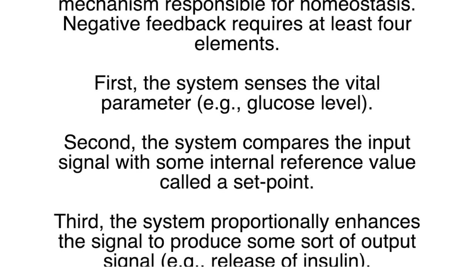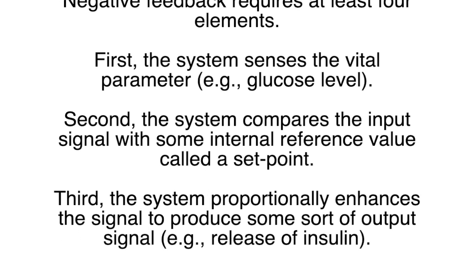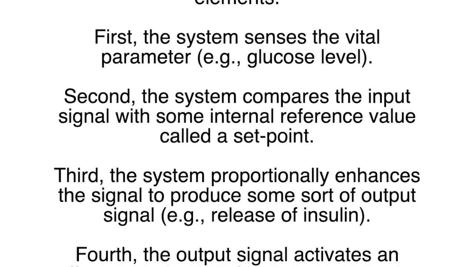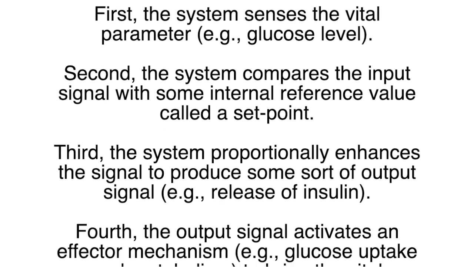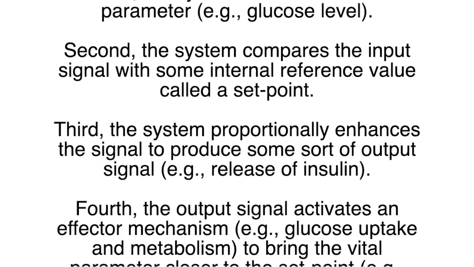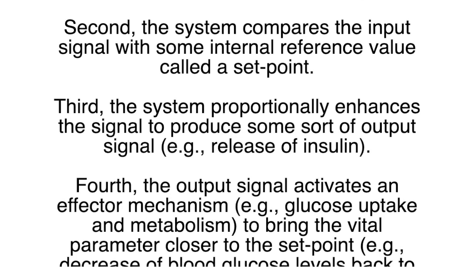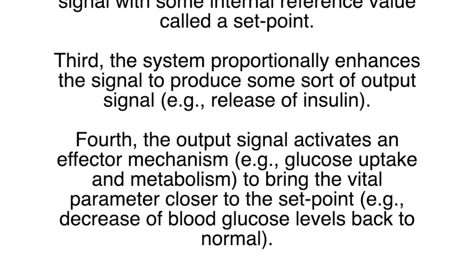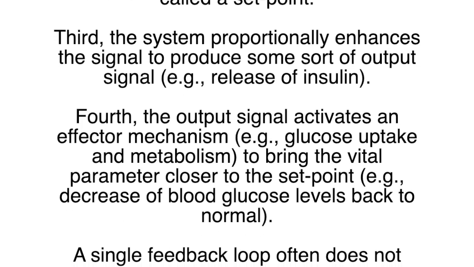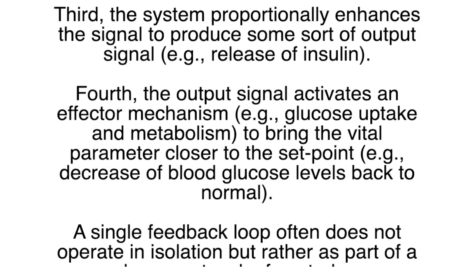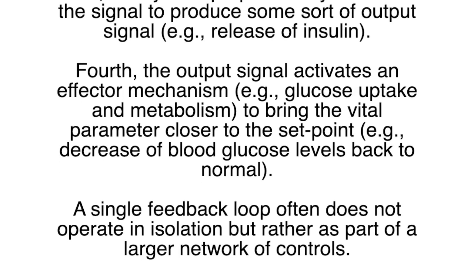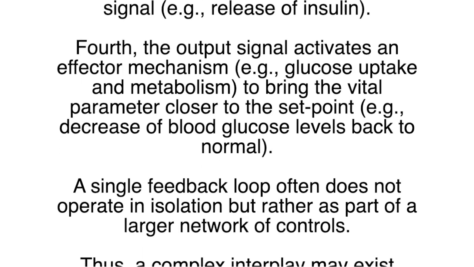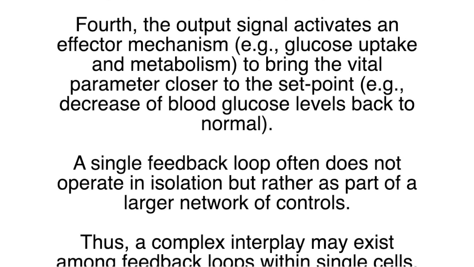Third, the system proportionally enhances the signal to produce some sort of output signal, example release of insulin. Fourth, the output signal activates an effector mechanism, example glucose uptake and metabolism, to bring the vital parameter close to the set point, example decrease of blood glucose levels back to normal.